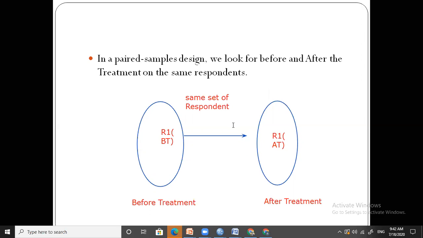So I think this is clear: we use paired sample t-test when we want to look at the impact of any treatment on the respondents. Here the respondents are the same, right? Let's take an example. Let's say these are a set of students, and they undergo a certain training program.